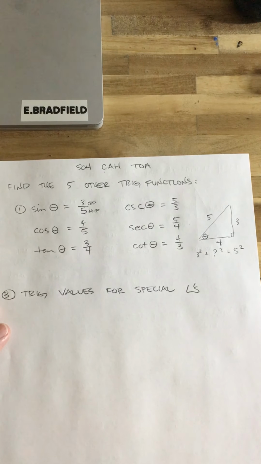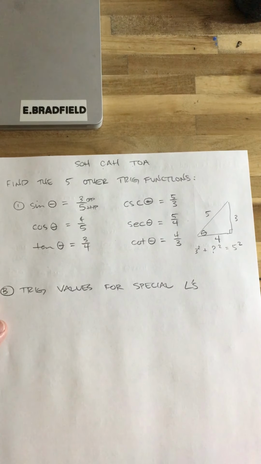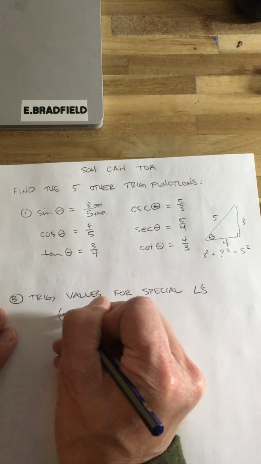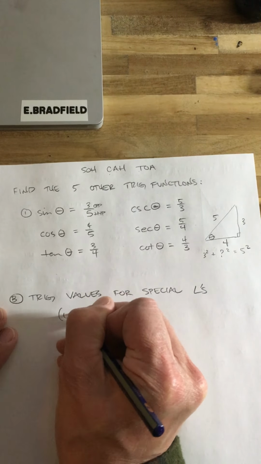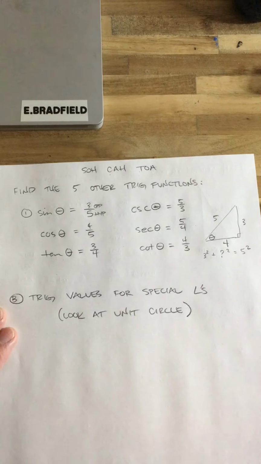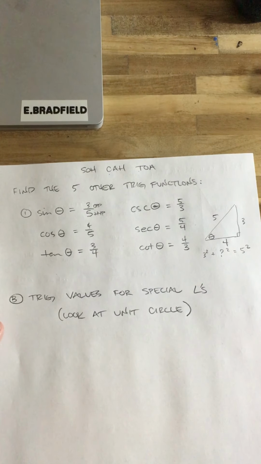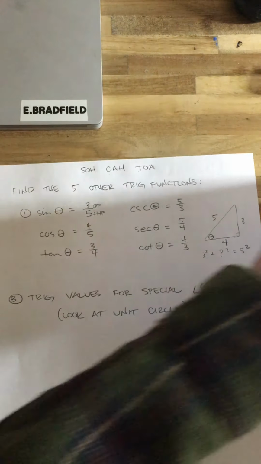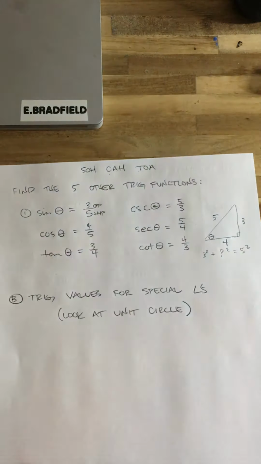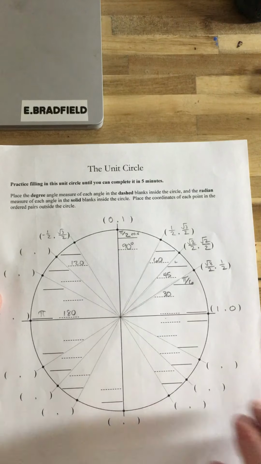All right, might actually be able to make it. What we're going to do is look at the unit circle. Let me get my unit circle and I will show you exactly what to do. It's really nice when you have this. Hopefully you filled it all out.